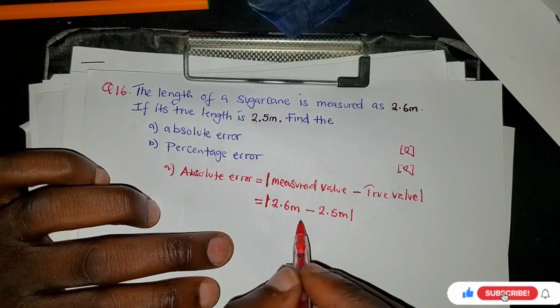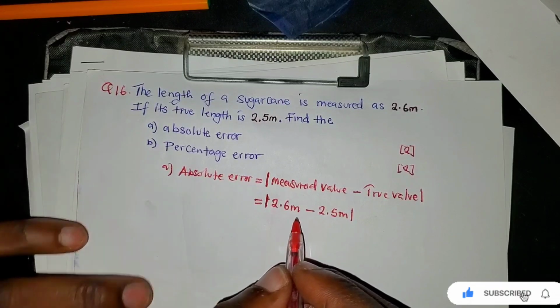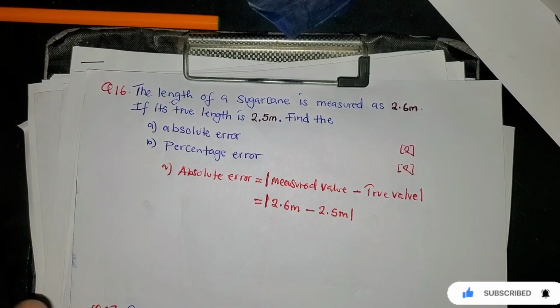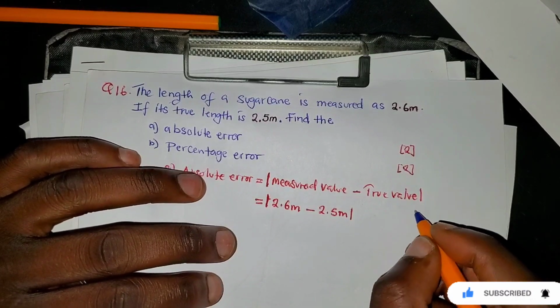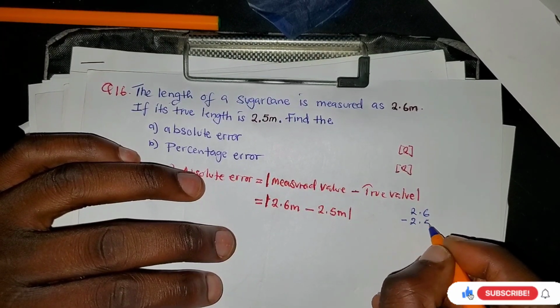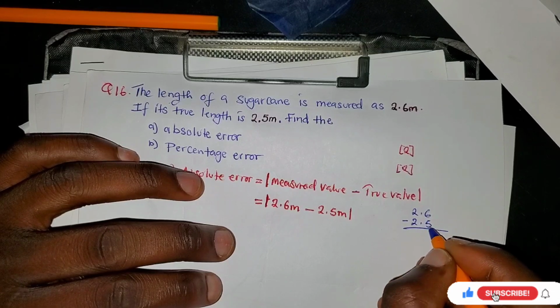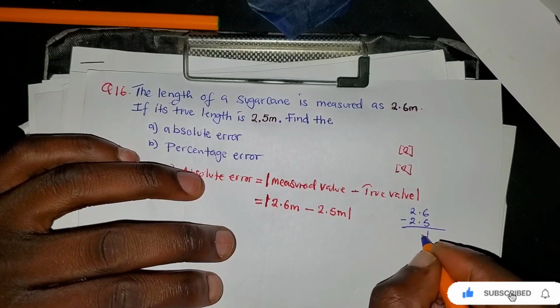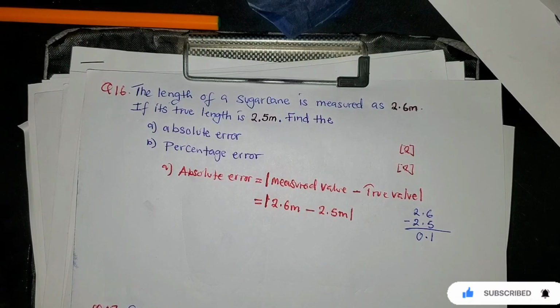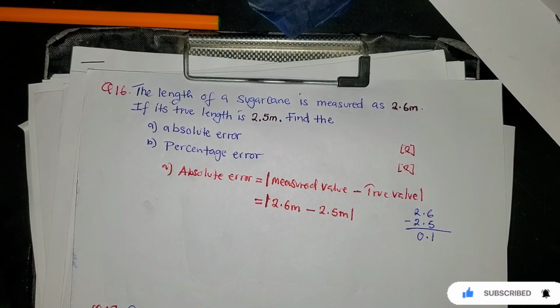Now, what is 2.6 minus 2.5? How do you subtract this without using a calculator? It is very simple. Just write 2.6 minus 2.5. 6 minus 5 is 1, point, 2 minus 2 is 0. Is it in centimeters or meters? It is in meters.